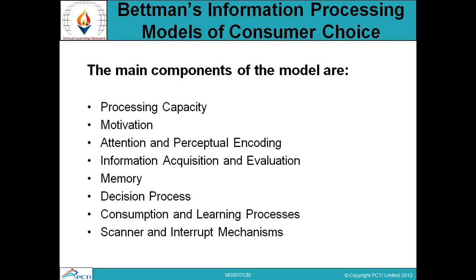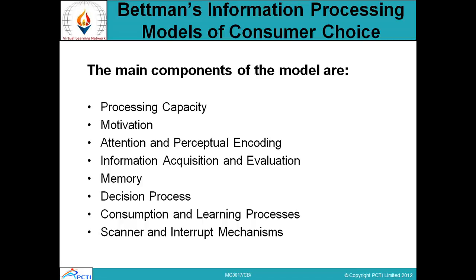So a consumer tries to bypass the limit by ignoring certain information and prioritizing information, using rules of thumb and knowledge of processing capacity, because you have your own limit.